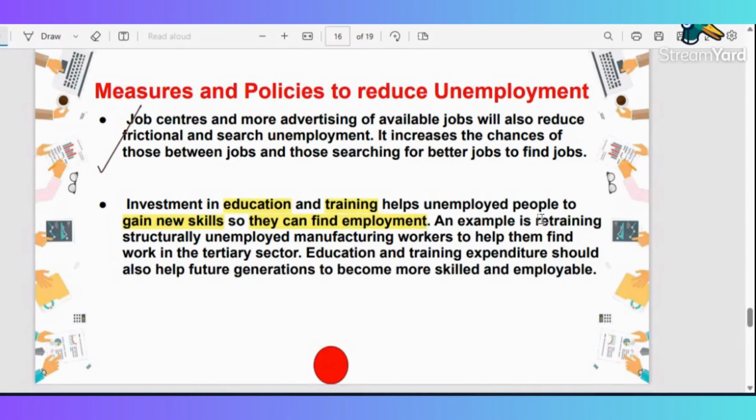Now an example of retraining the structurally unemployed is helping manufacturing workers find work in the tertiary sector. Education and training expenditure should also help future generations to become more skilled and employable. Right?